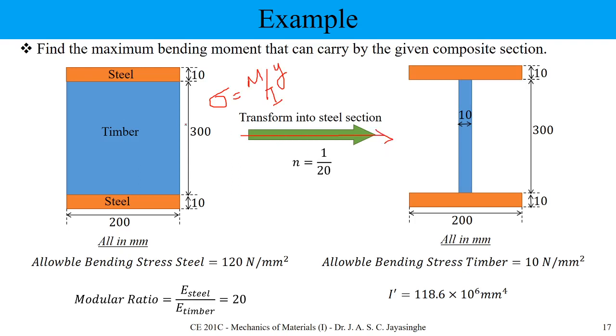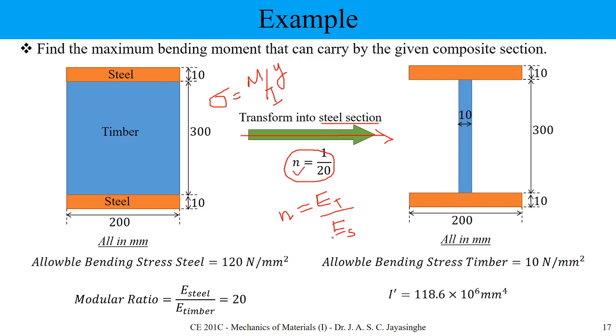When you transform, you can use steel or you can use timber. Here I am going to transform the whole section to steel. Based on that you need to define your n factor. So n is equal to E timber over E steel. Based on this, 1 to 20, of course it's given here, so you can use it directly.